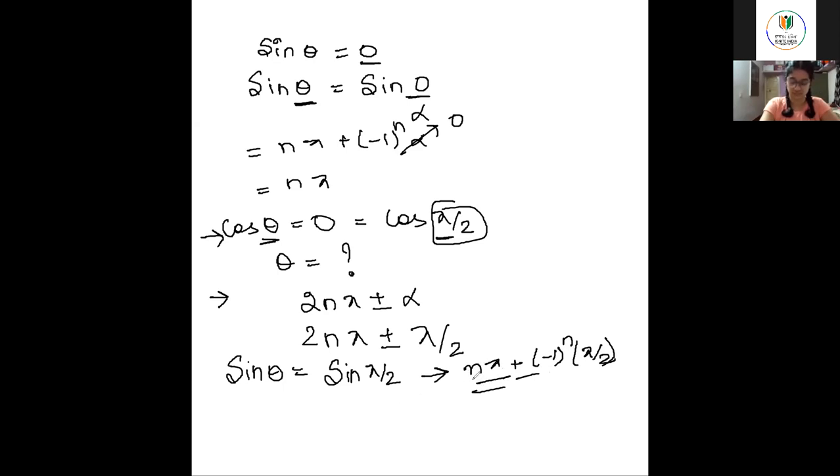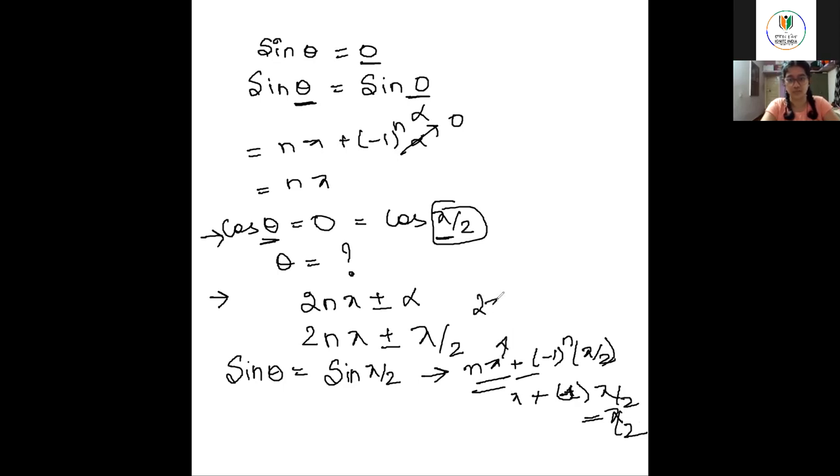Okay. So what you can do is you can put different values of n and you can find out the different angles for which sin theta is equal to 1. For example, if n is equal to 1, then pi plus minus 1 pi by 2. So what is the answer? Pi minus pi by 2, you get pi by 2. For n is equal to 2, what is the answer that you get?